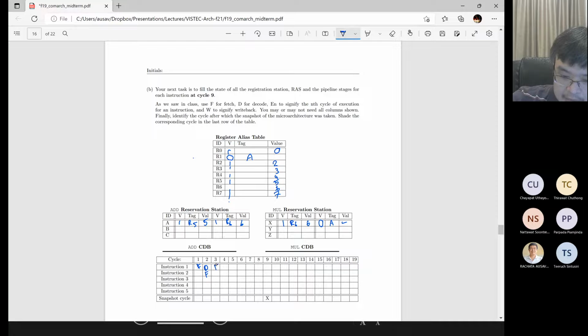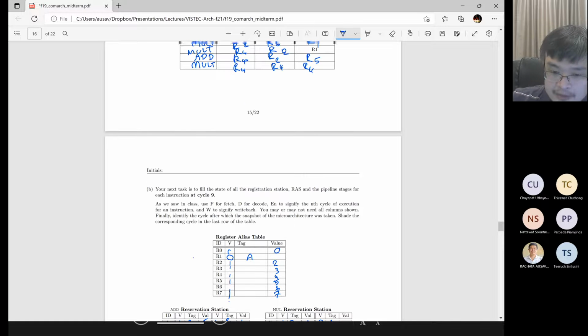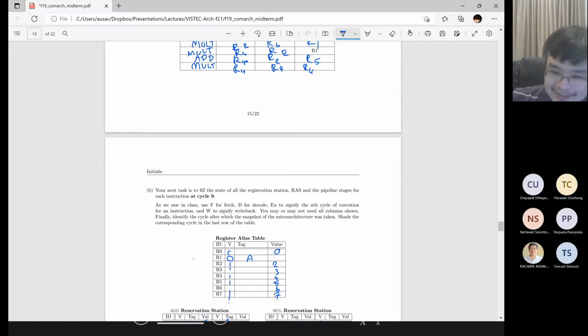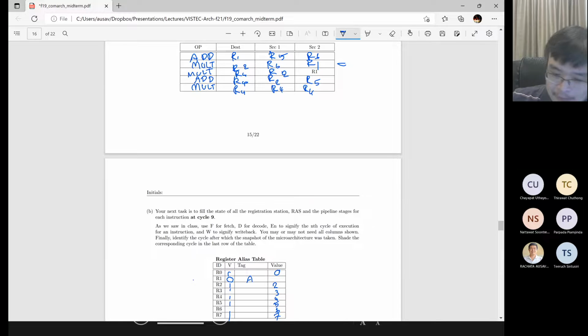Now you can decode, and then you can fetch the third instruction. The third instruction is again multiply. You want to multiply R2 and R1 together. And again, I'm sorry, the second operation also modifies R2.